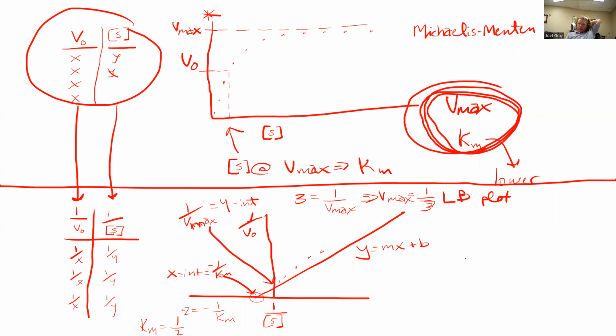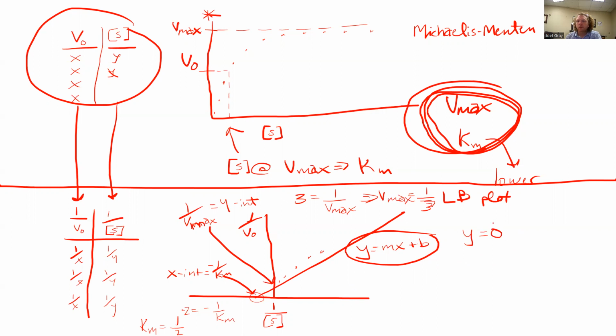Now, add to that, if you have your y equals mx plus b, this equation right here, and you've plotted your data, you can figure out what is my x-intercept and what is my y-intercept. Your x-intercept is going to be whenever y equals 0.